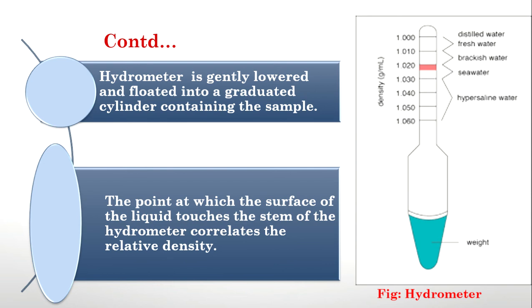The tube is graduated, and the reading at which this portion of the hydrometer coincides with the water will be noted, and this will give the relative density of that particular water. So the hydrometer is gently lowered and floated into a graduated cylinder containing the water sample. The point at which the surface of the liquid touches the stem of the hydrometer gives the relative density.